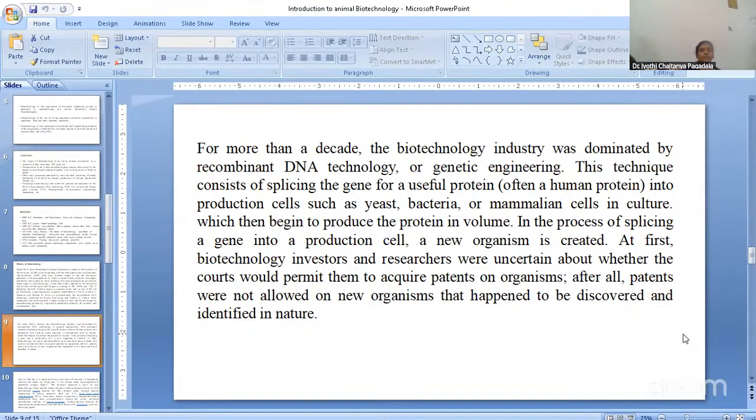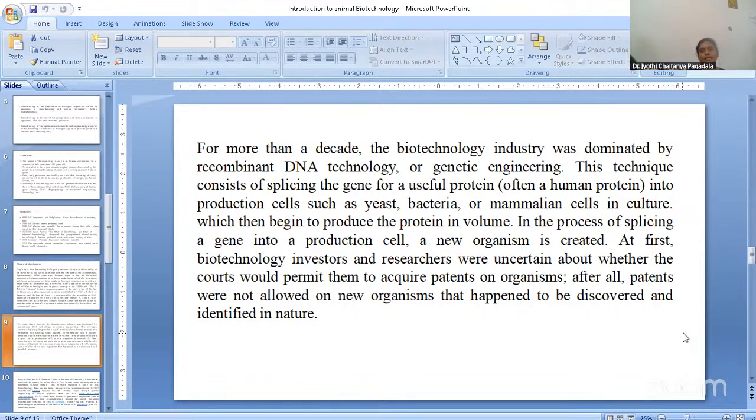This technique consists of splicing genes for the useful production of a protein, often a human protein, into production cells such as yeast and bacteria or mammalian cells in culture, which then began to produce the protein in increased volume.